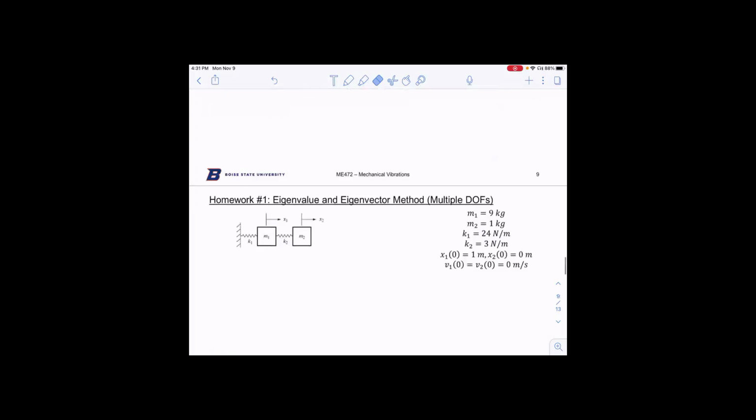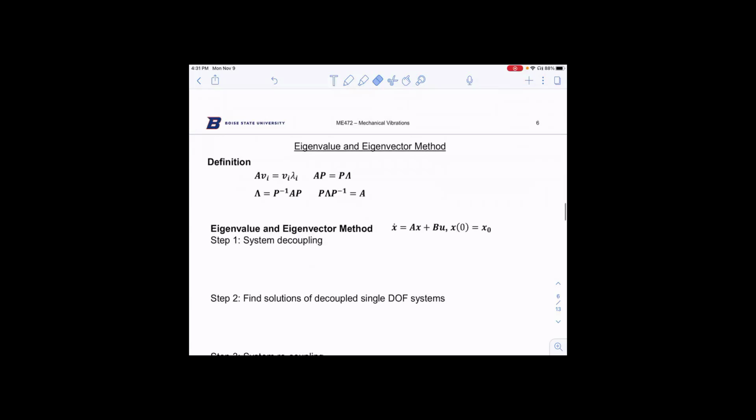Last time we talked about two different methods to solve first order ODEs. If you look at the beginning, the ODEs we're focused on are first order, but it's more than one.